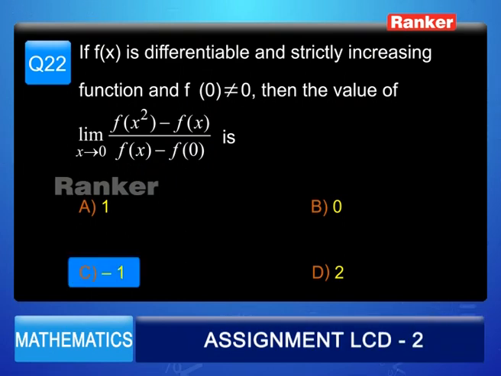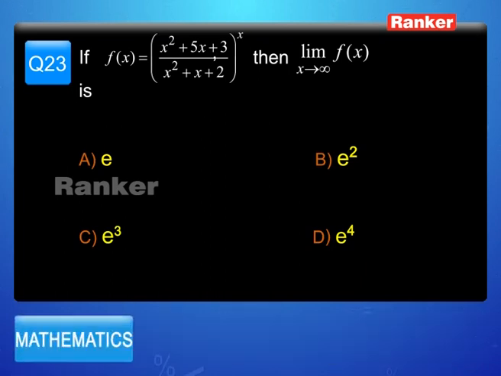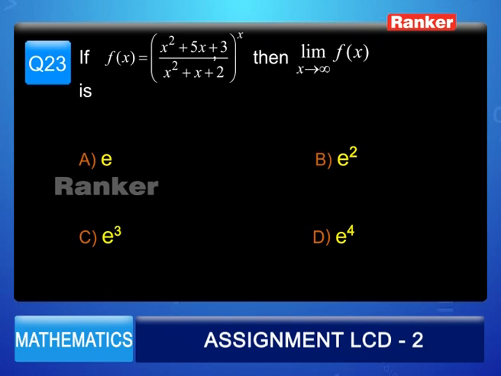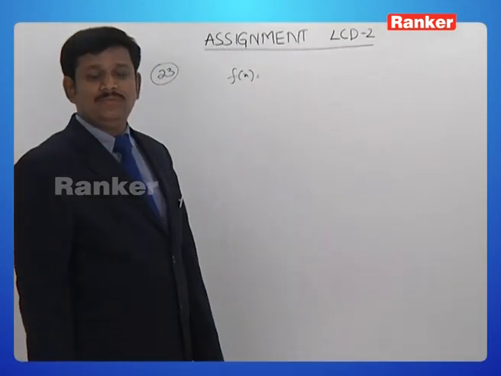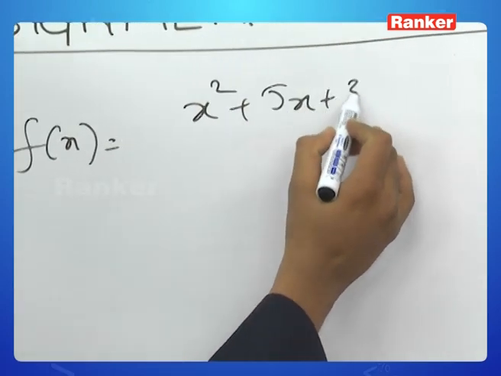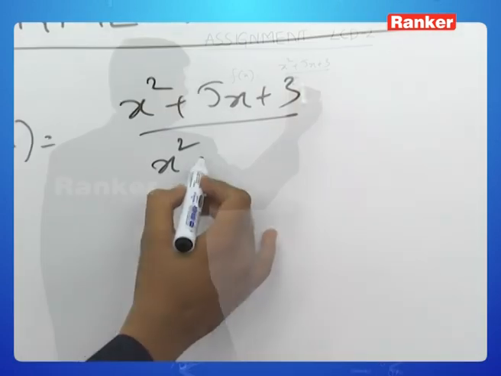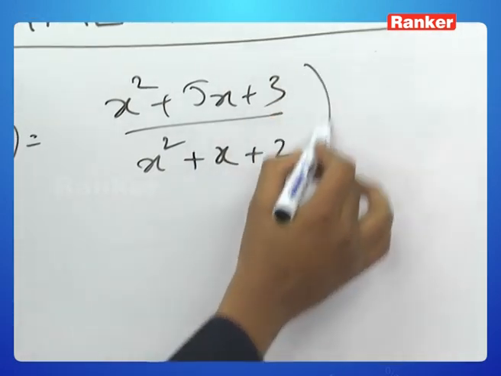So it's option C. Next question: if f of x is equal to x square plus 5x plus 3 divided by x square plus x plus 2, whole power x, then find limit x tending to infinity f of x. f of x is given to be x square plus 5x plus 3 divided by x square plus x plus 2, whole power x.